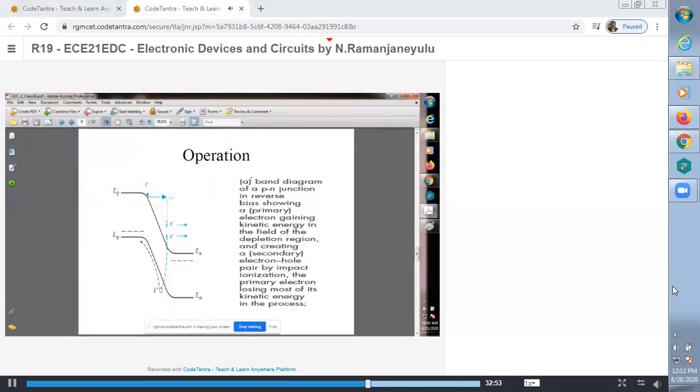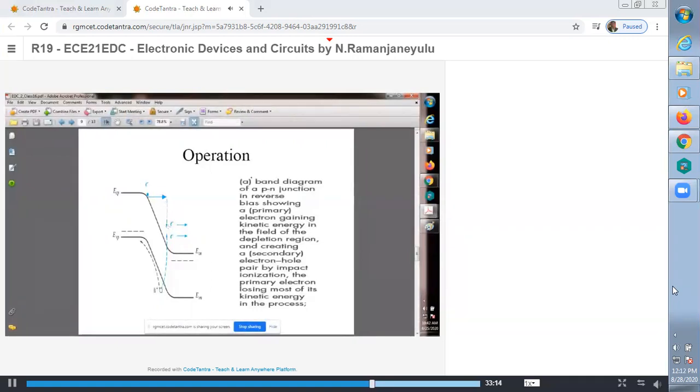Further, these electrons, again having high kinetic energy, break other bonds in the depletion region. Like that, a huge number of carriers are generated. This is carrier multiplication taking place.